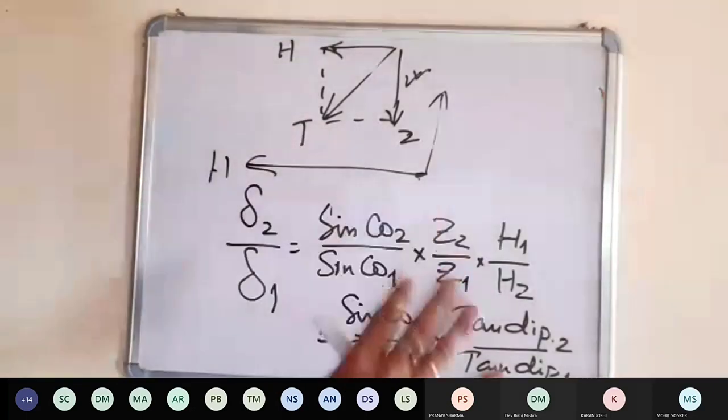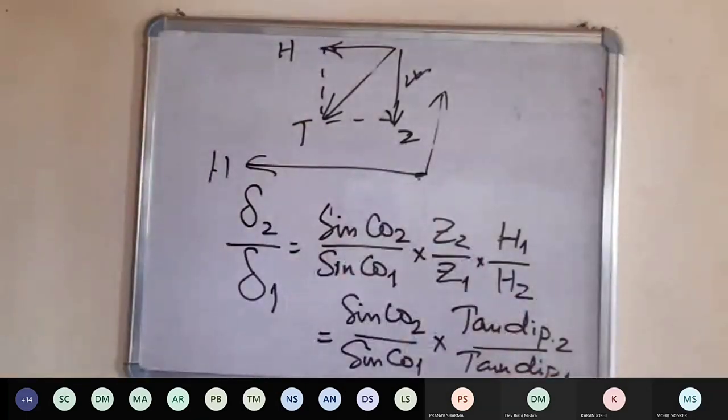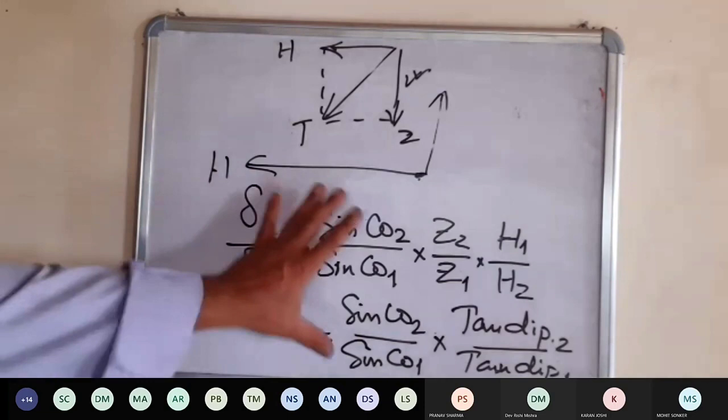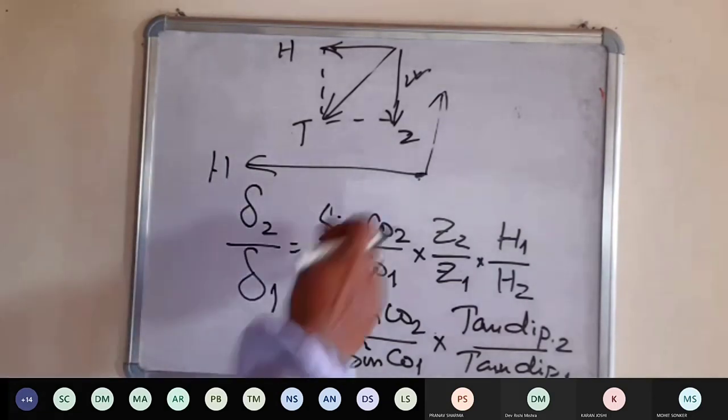Anyway, here we are talking about only Z, leave H aside. Okay, so note this down as far as IB is concerned.